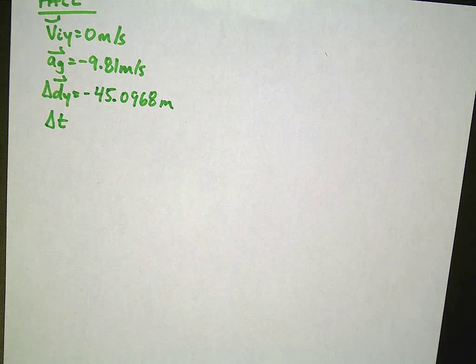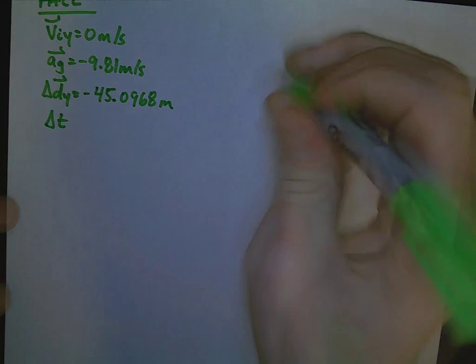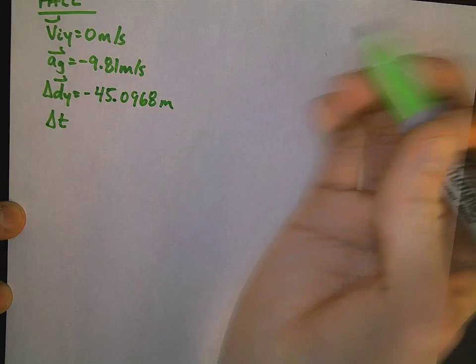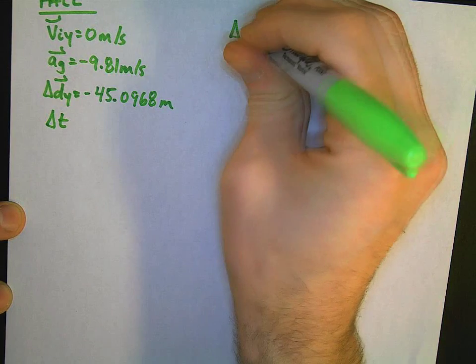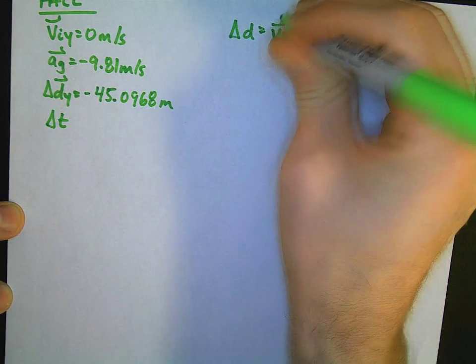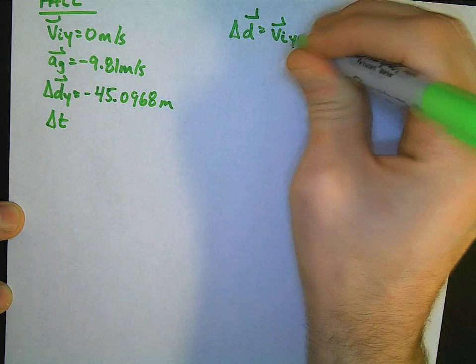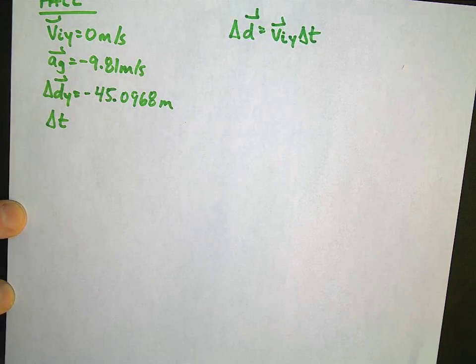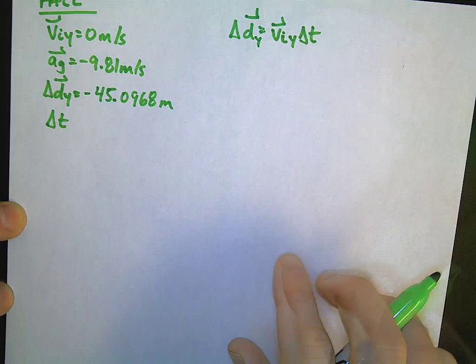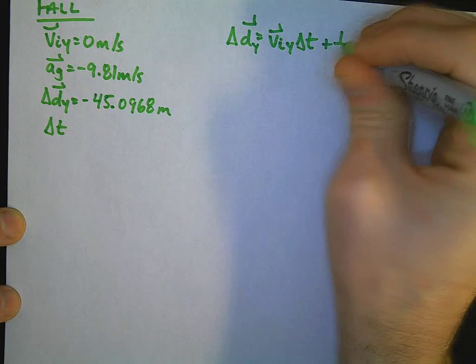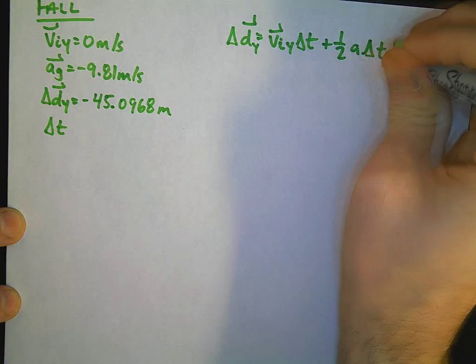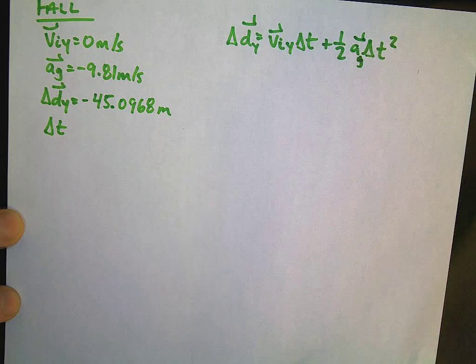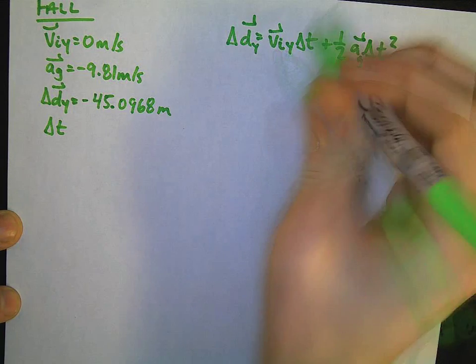So that will be kinematic equations yet again. My displacement in the y direction will be equal to that plus 1/2 at squared. That's acceleration due to gravity again. My initial velocity, because we're at the top of the flight, is 0.